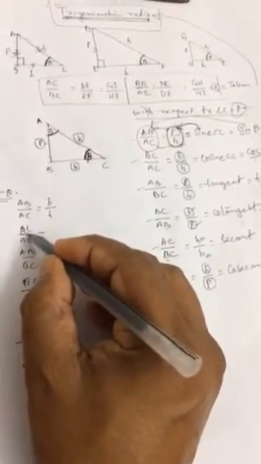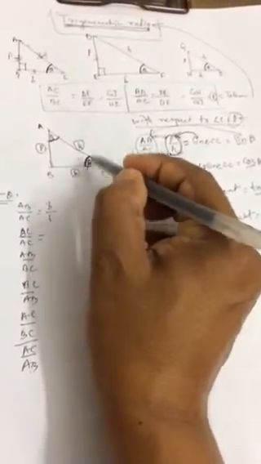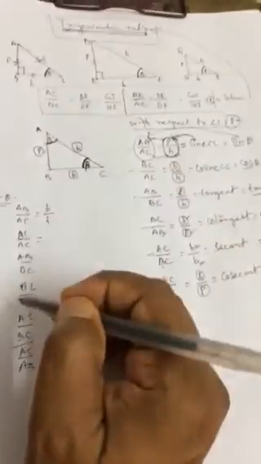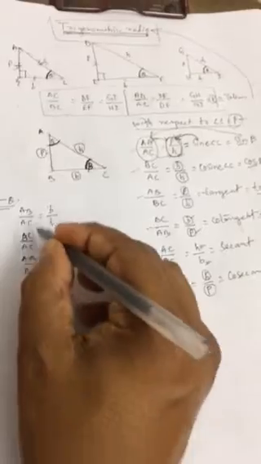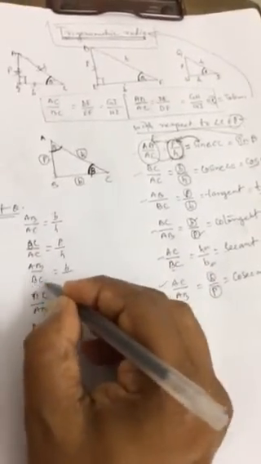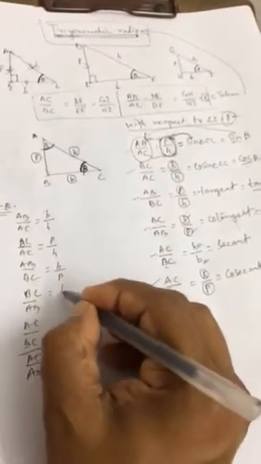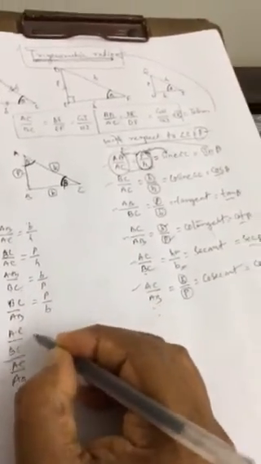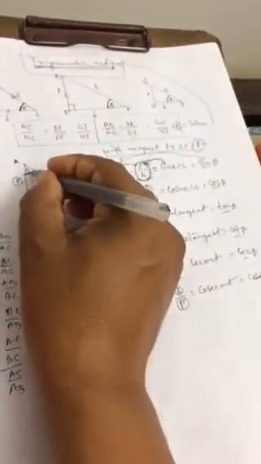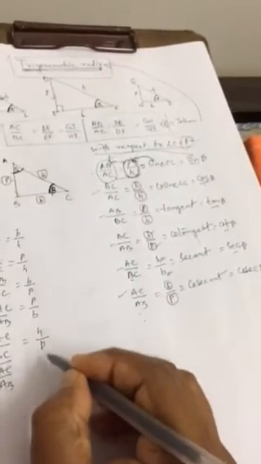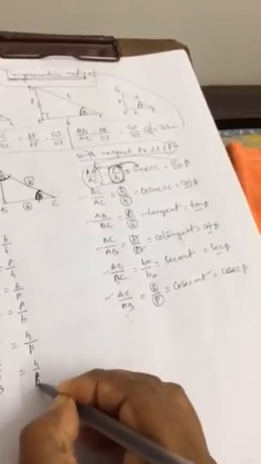Previously BC was base, but now with respect to theta, BC is perpendicular, P. AC is H only, AB is B, and BC is P.